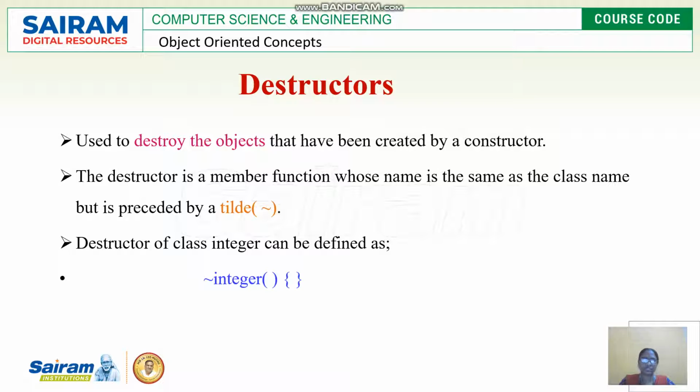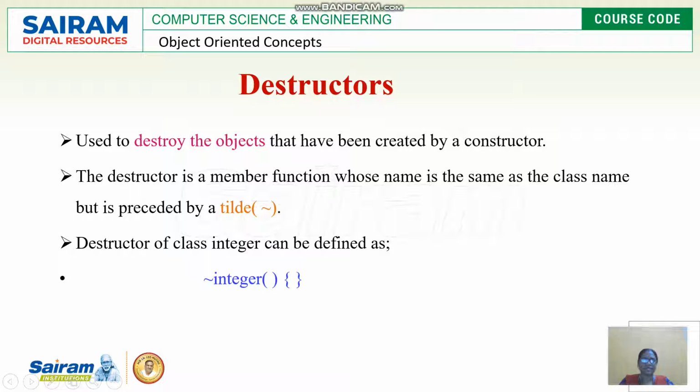So it is very similar to a constructor. A constructor will create an object and create space for that particular object, and a destructor will delete the space occupied by the object, and thereby destroy the object. Both the constructor and destructor names are the same as the class name, but the destructor is preceded with a tilde symbol.